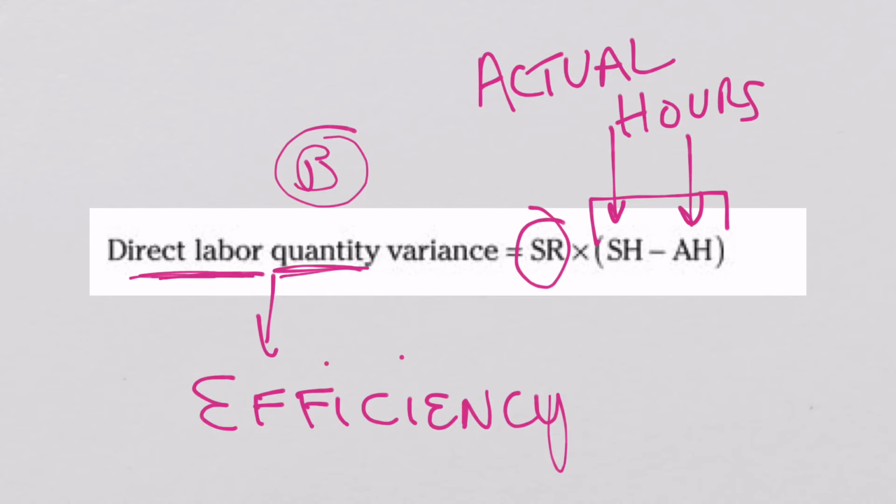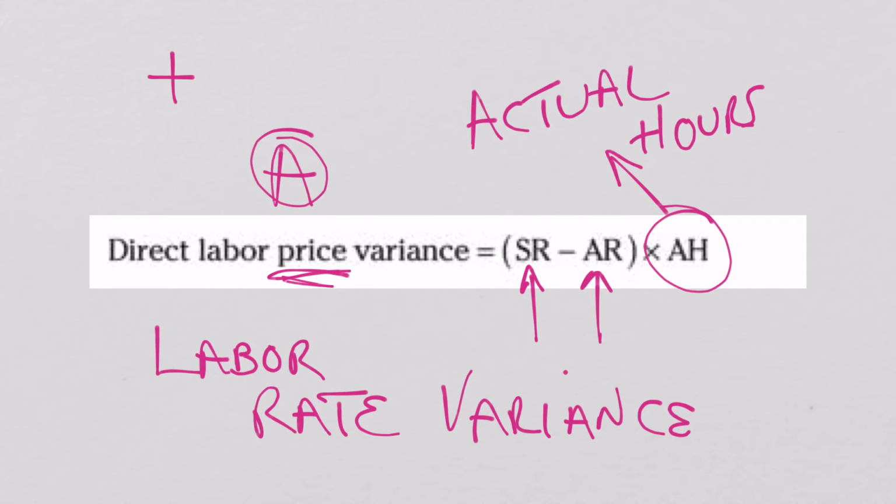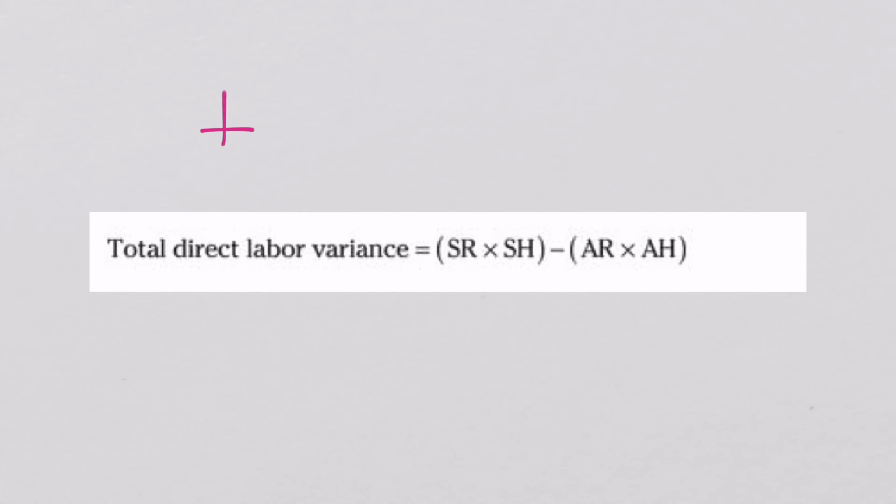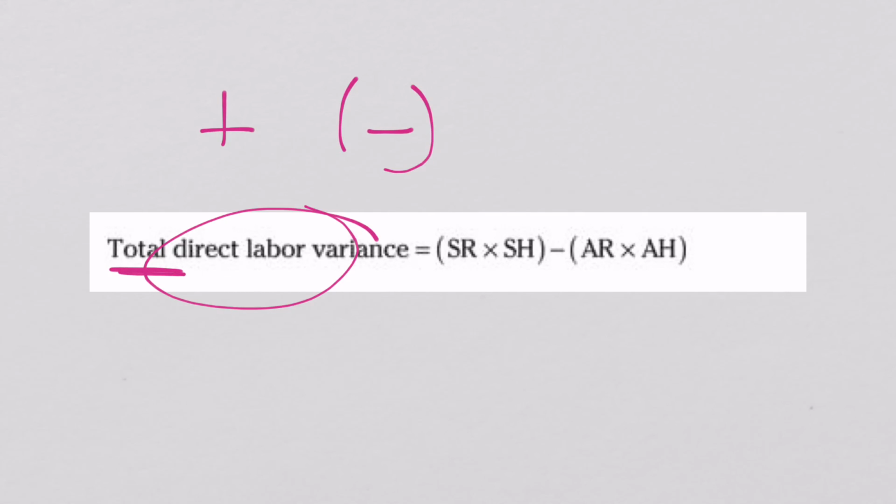We're just taking the difference between the two and multiplying times the standard rate to measure the efficiency. This will yield either a positive number or a negative number. The positive is favorable, the negative is unfavorable. You net the two together, and you'll either get a positive or a negative for total direct labor variance.